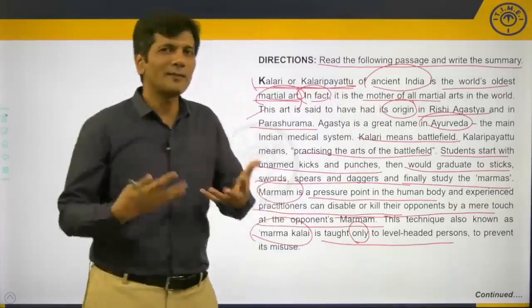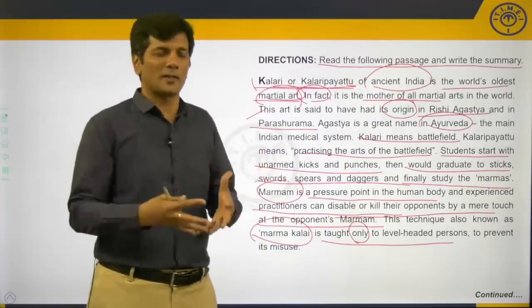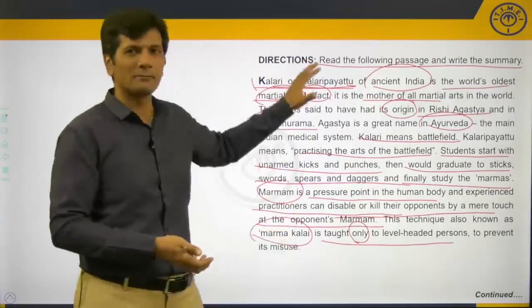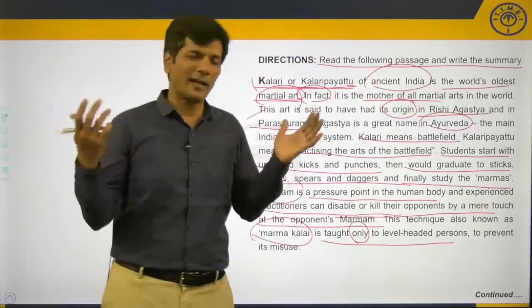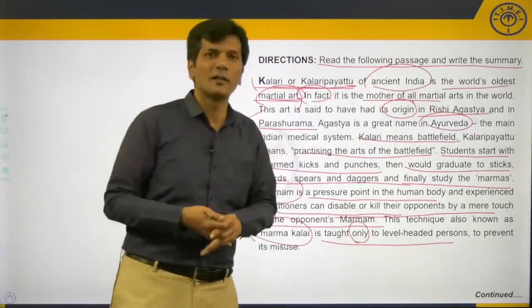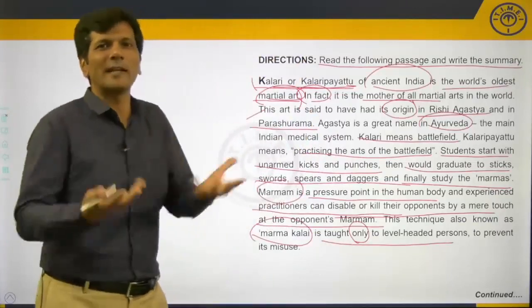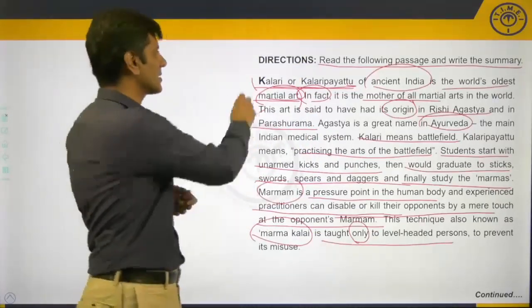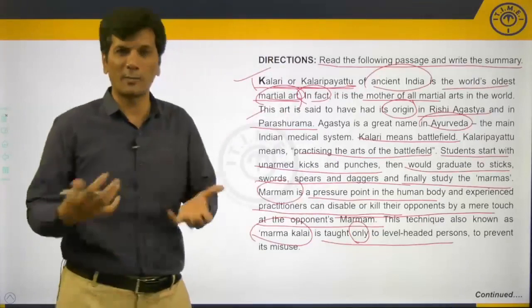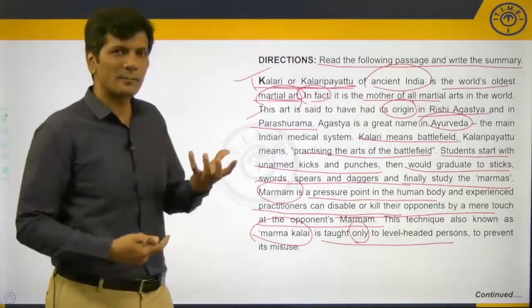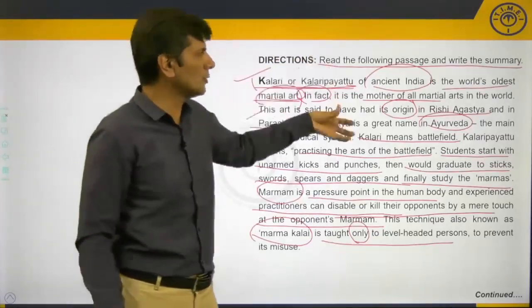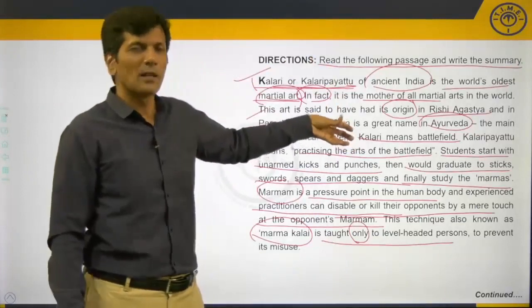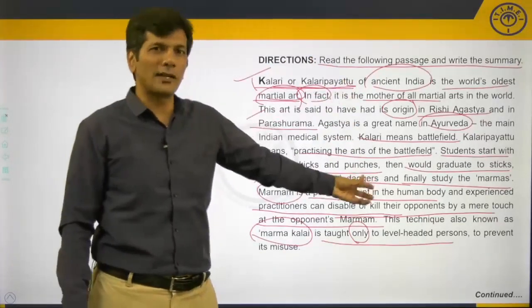So what would be the key takeaway from this passage if you have to summarize this long paragraph in, let's say, 20 words or 30 words? How do we do it? Look for key takeaways. One key takeaway is the introduction of Kalari or Kalari Payattu. What was it? Then you move on to the origin. Then you move on to how students graduate.